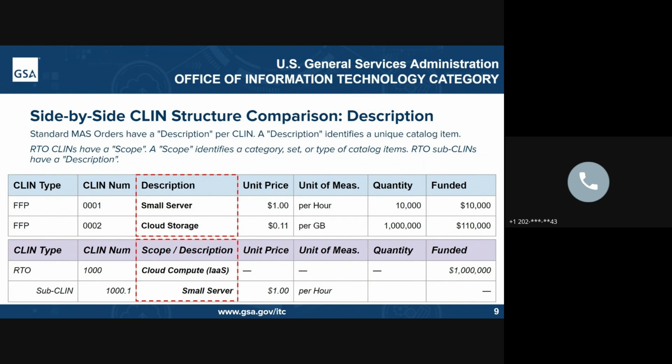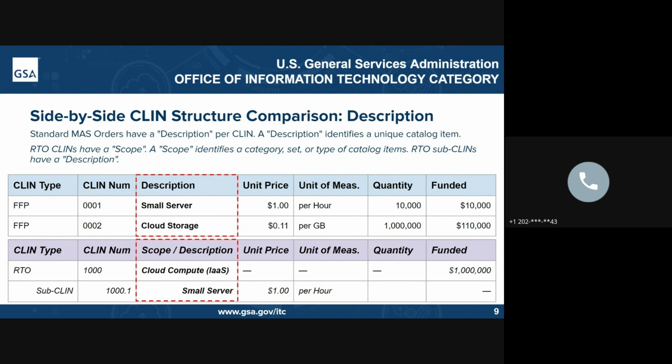Now there is no defined limitation on what we mean by scope. So the scope will be dependent upon your specific requirements and mission needs. You could define scope in alignment with the different service models: infrastructure as a service, platform as a service, software as a service. Or you could even change the scope to align with your operational business offices.